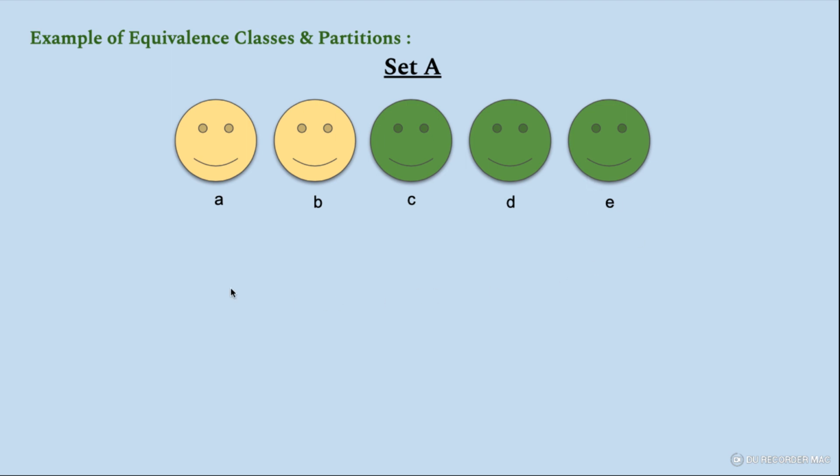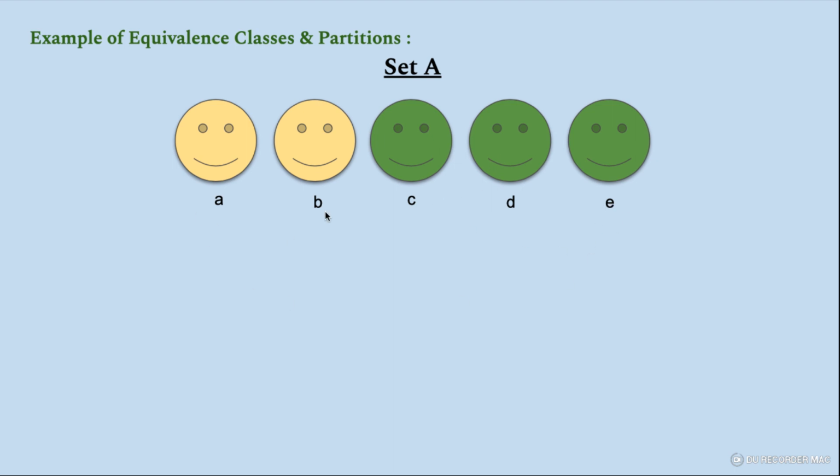We are taking for an example 5 different people, and you can see that A and B are colored in yellow. That is because we have taken A and B such that they have the same date of birth. And then C, D, and E are colored in green, which means that we have taken them to have the same date of birth.